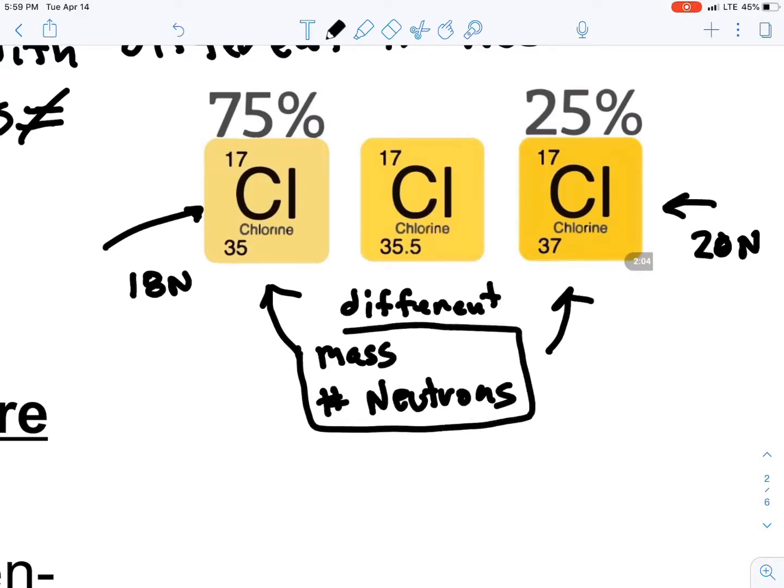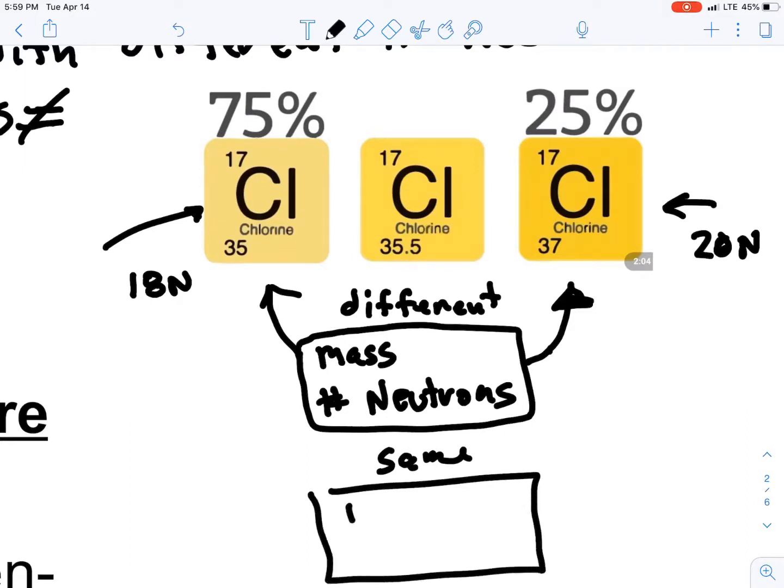And maybe we can even say the stability, if you wanted to say the stability, but that comes later too. So those things are different. The things that are the same are the number of protons. Right? The number of protons.